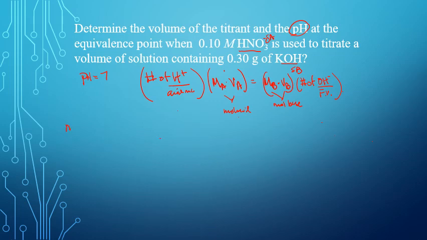So I'm going to start off to calculate my moles of the KOH. I'm going to take these 0.30 grams, and I'm going to divide that by its molar mass. So 1 mole of KOH would be the equivalent of 56.11 grams using the molar mass on the periodic table, and that would give you 0.00533 moles of KOH.